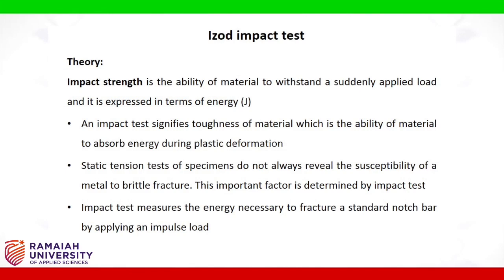An impact test signifies toughness of material, which is the ability of a material to absorb energy during plastic deformation. Static tension tests of specimens do not always reveal the susceptibility of a metal to brittle fracture. This important factor is determined by impact test.